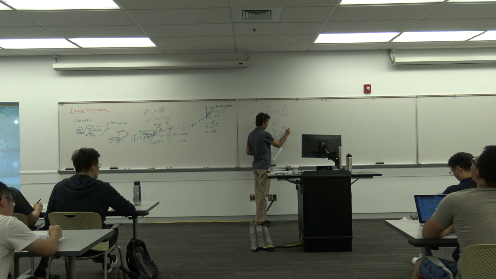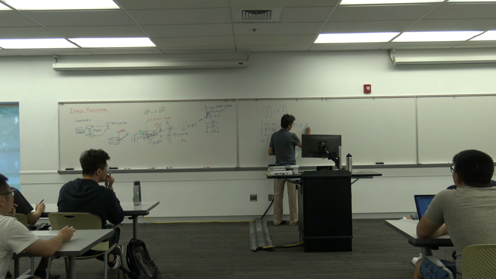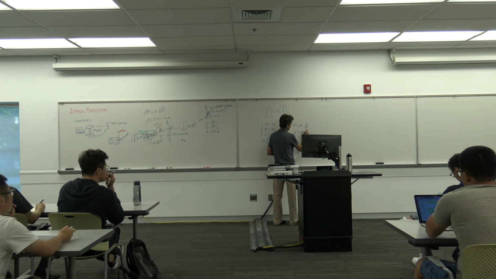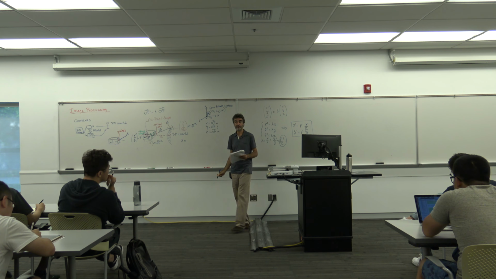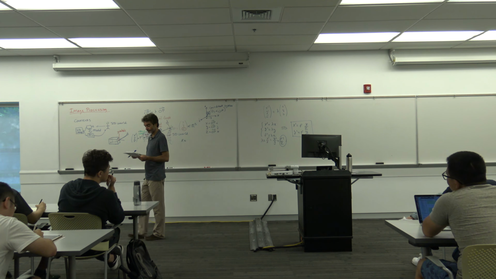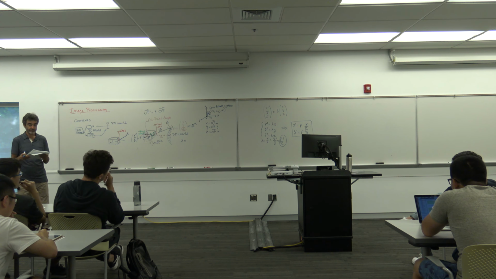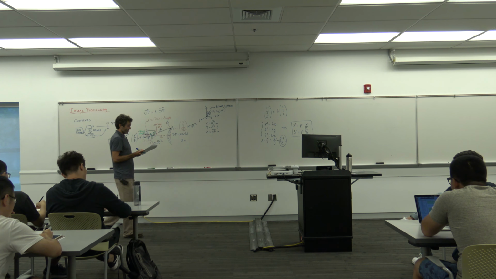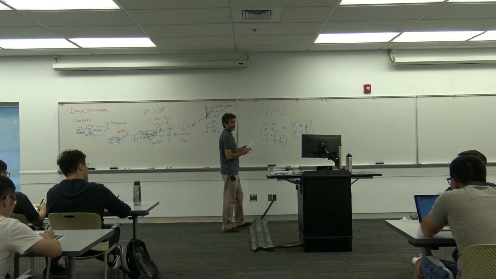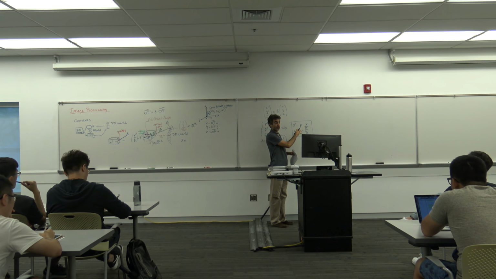And therefore, I can write that x prime is equal to f x over z, and y prime equals f y over z. This is one of the most fundamental equations we're going to be working with. This is perspective projection.